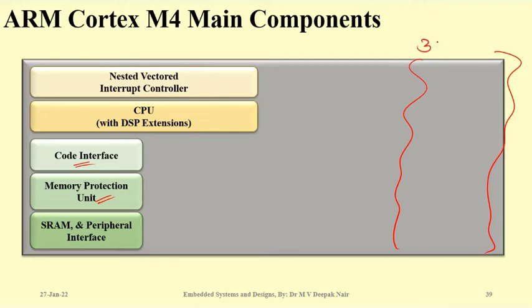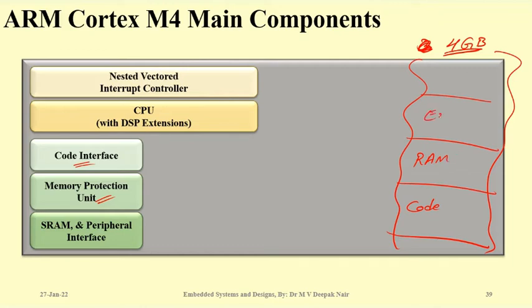We know that it is a 32-bit system, so you have 4 GB of memory. This 4 GB of memory is divided into separate sections, for example code memory, RAM, exception memories and all.